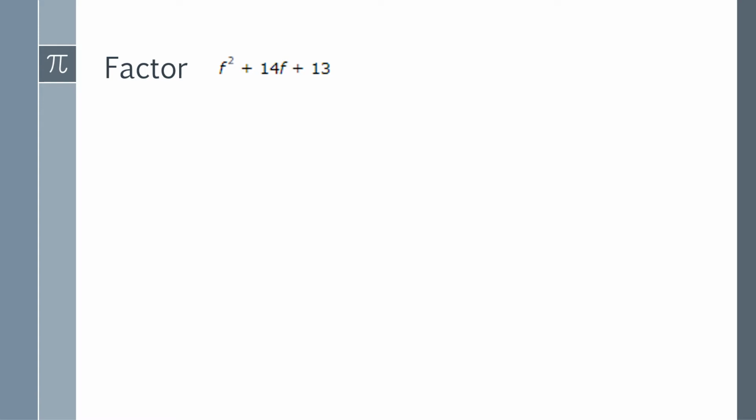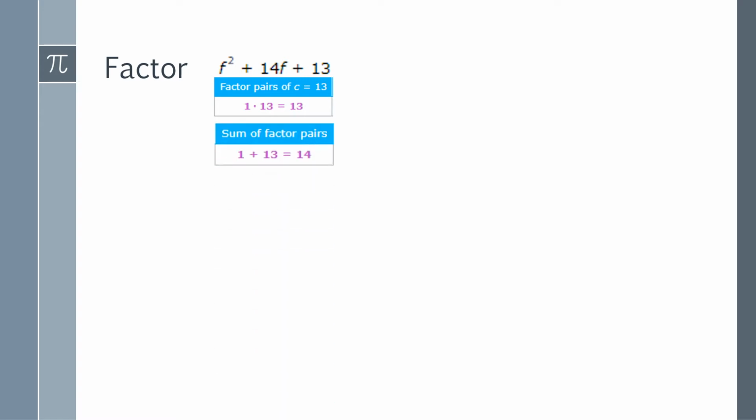All right, so now let's go ahead and get to some factoring, because the factoring is pretty much key to this. So by now, you should know that the prime factors of C being 13, we have to figure out what two factors times to 13 give me 14 when I add them together.